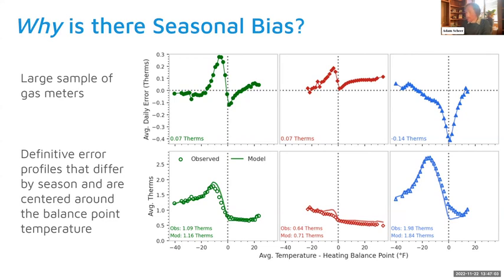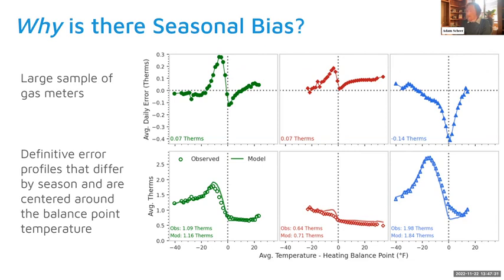If I look, for example, at the bottom left-hand graph, this is the shoulder period. By shoulder, I mean March, April, May, and October, those mild spring and fall months. Looking at the shoulder season, I can see a few things. Number one, the model is under predicting consumption right around the balance point temperature.